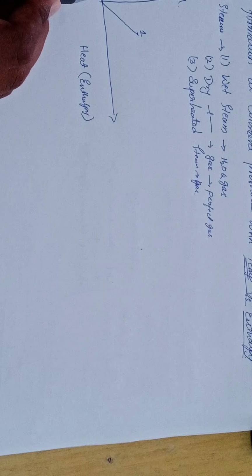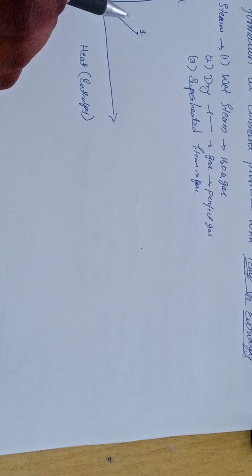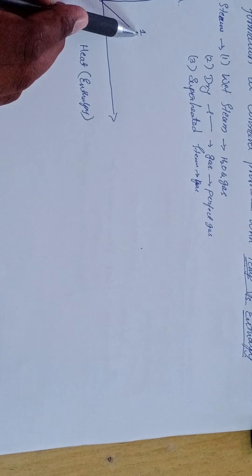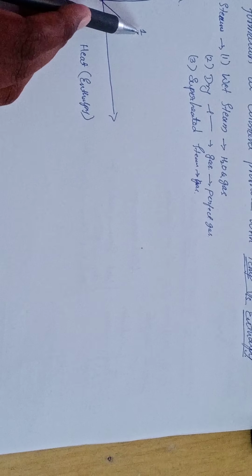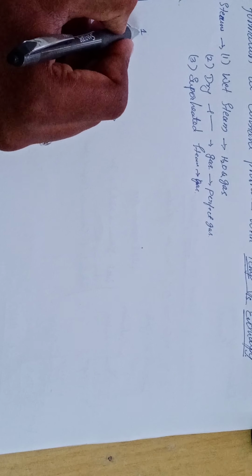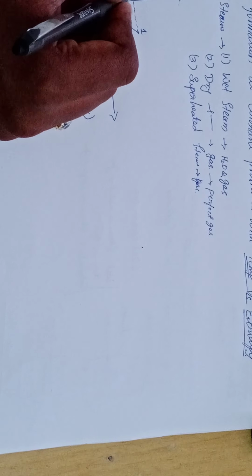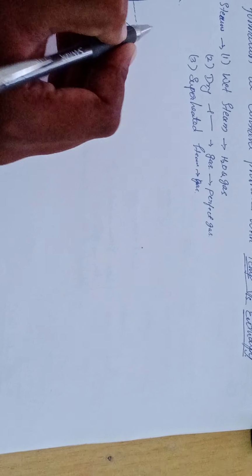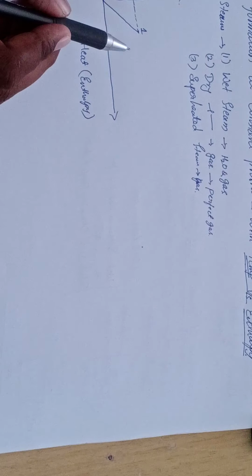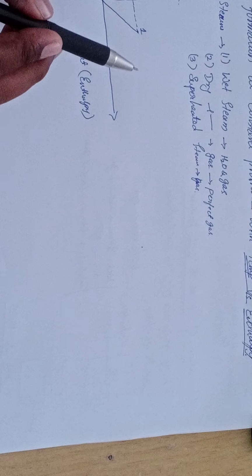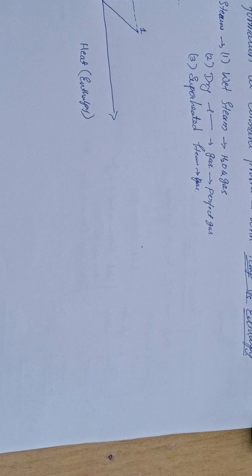It means the amount of heat is absorbed by the water, and it starts boiling at the temperature of point 1. This temperature, where the boiling starts, is called the saturation temperature.